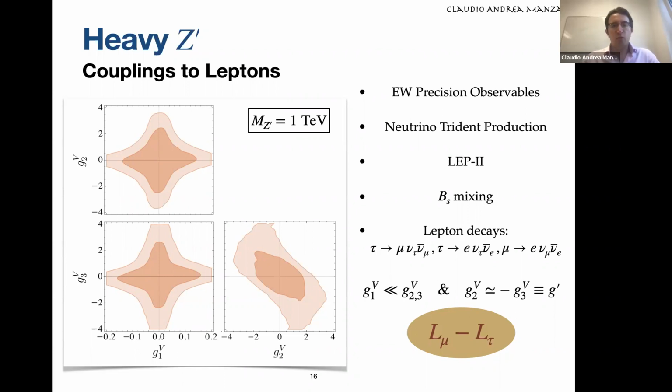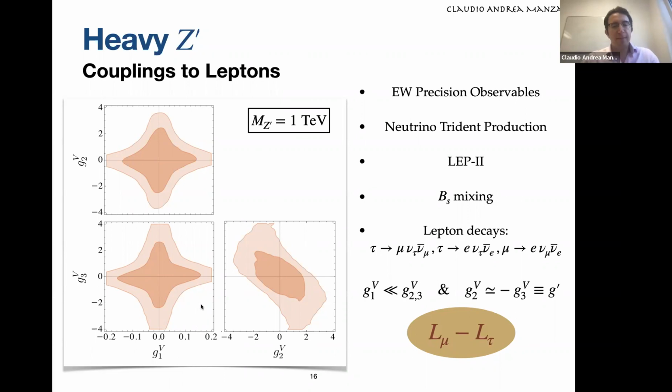Now, performing a global fit to all this data, you can see on the left of the slide the result that we get for a Z prime with a 1 TeV mass in terms of the coupling to first, second, and third lepton generation. As a result, you can see that the couplings to the first lepton generation are much more strongly constrained with respect to second and third generation.